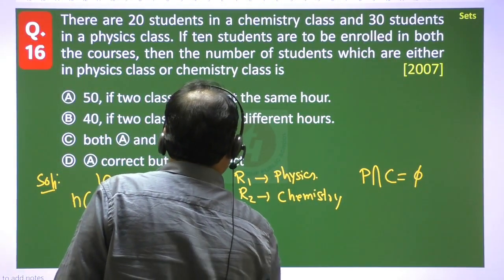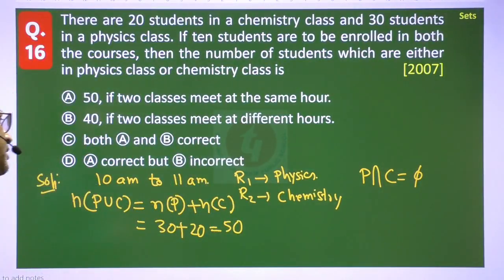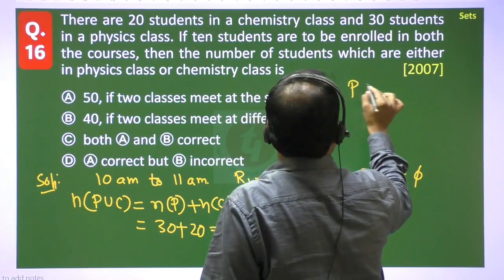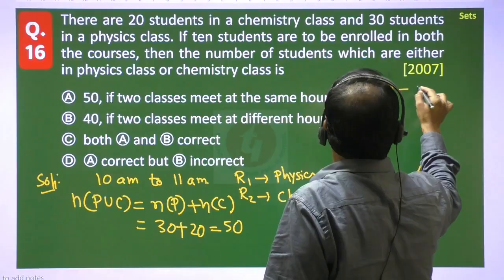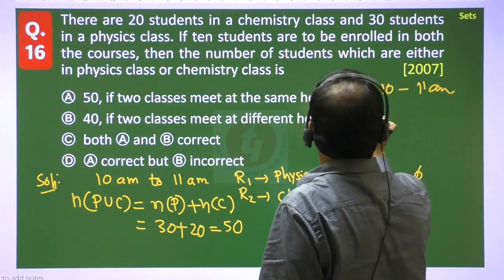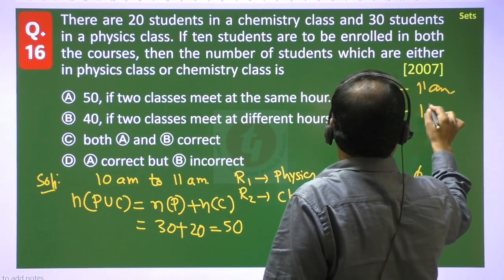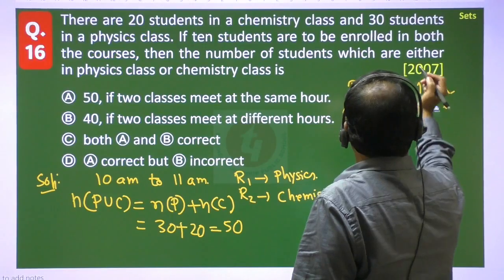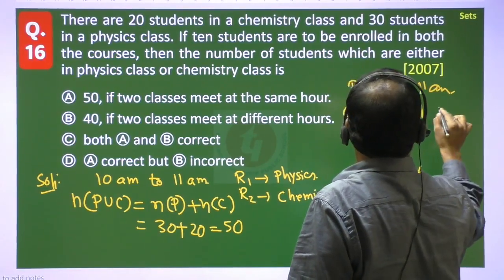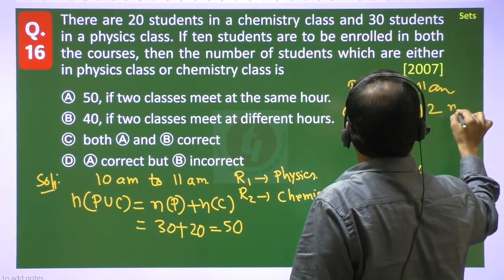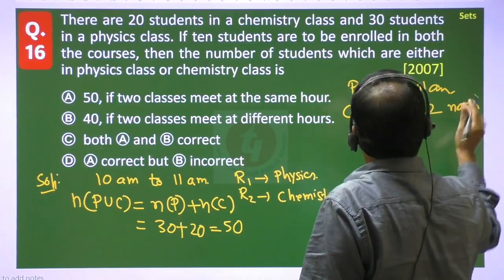That is a total of 50 students. If the timings are different, physics class from 10 to 11 AM and chemistry class from 11 to 12, what will happen in this situation?